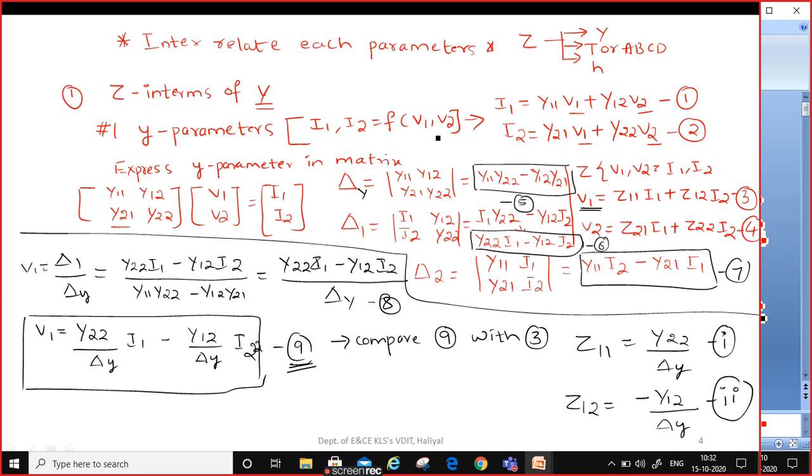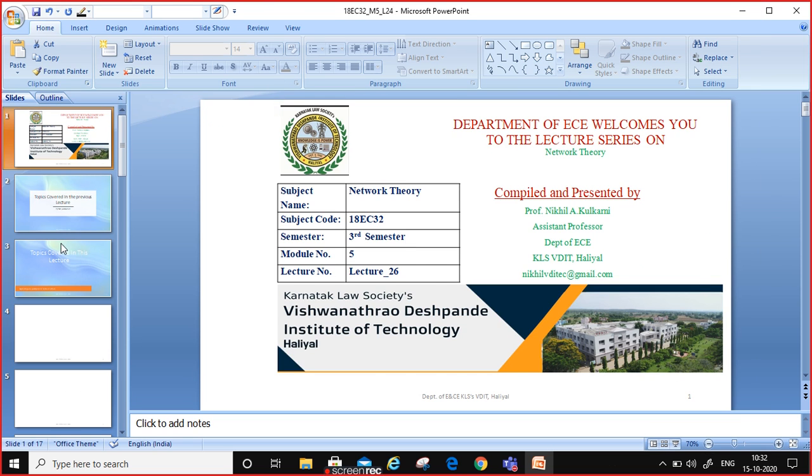So what is left now? Z21 and Z22. For that, what you have to do? Delta 2 divided by delta y, you have to do. Let me just create a duplicate of this slide so that we get the things clearly. Just hold on.